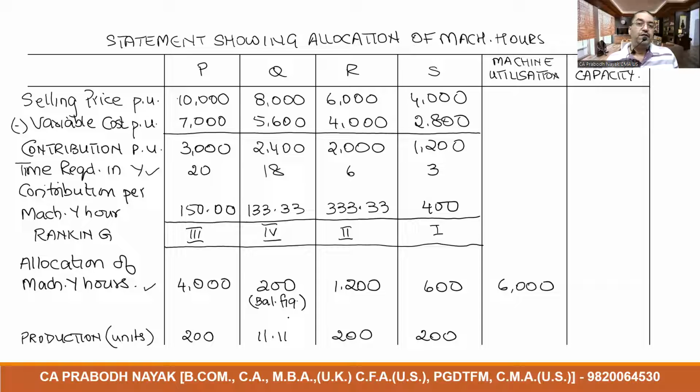So also let us now decide the time required of machine X and machine Z. Y is already decided, and on the basis of that, we have decided the number of units also. Allocation of machine Y has already taken place here. But now allocation of machine X, number of hours for each product, and allocation of machine Z, number of hours for each product. How do we do that?